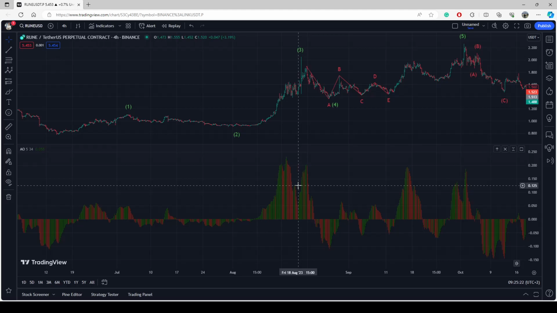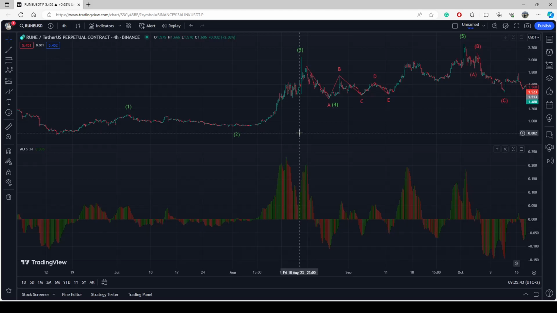So this is the first tip. The second tip is about the fourth wave. The fourth wave in the bullish cycle always has a cross below the zero line after the third wave.